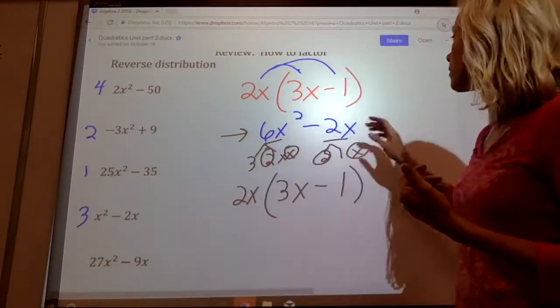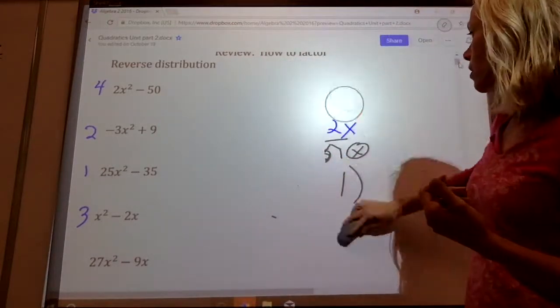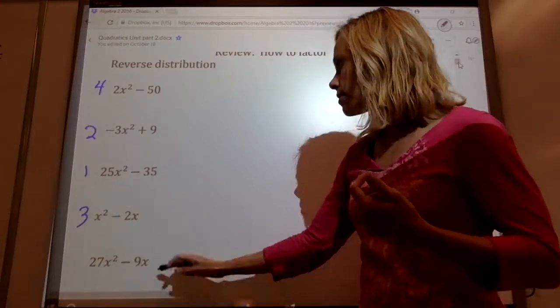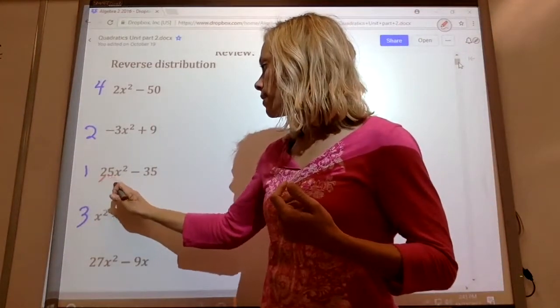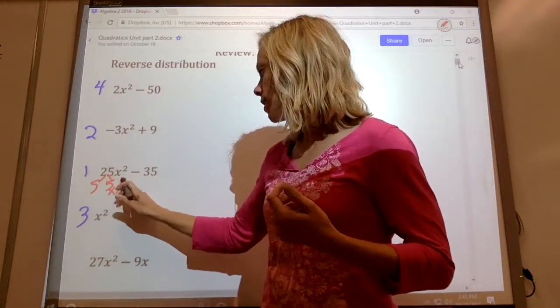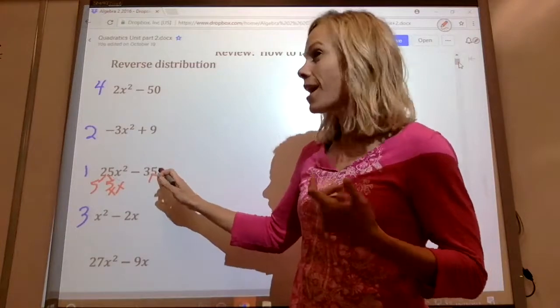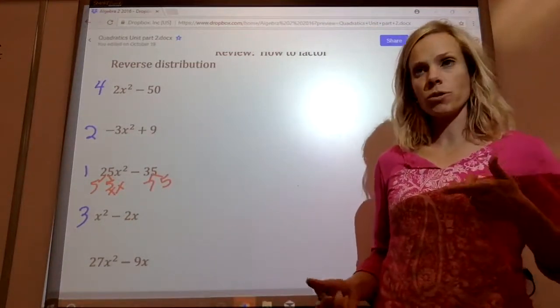Let me show you. So if I start with that, let's say this one right here, right? So 25 is what? 5 and 5. And 2 x's, x squared. 35 is 7 and 5. What can I factor out of both terms?